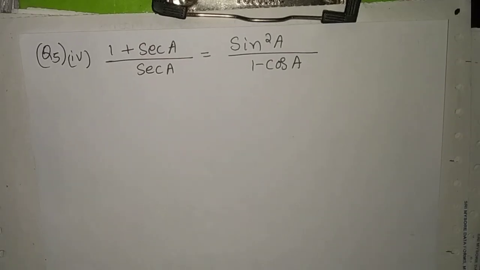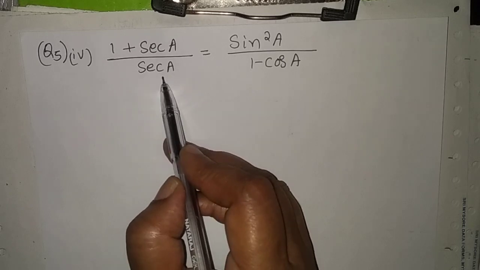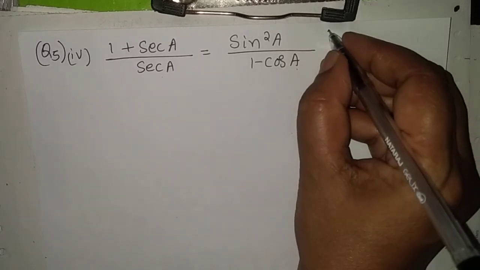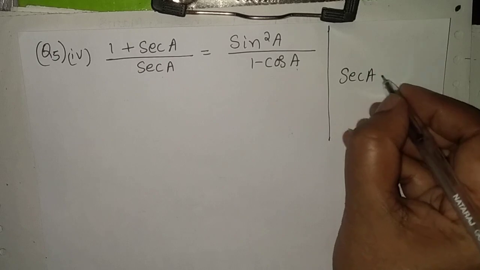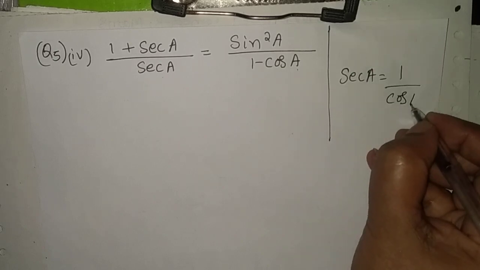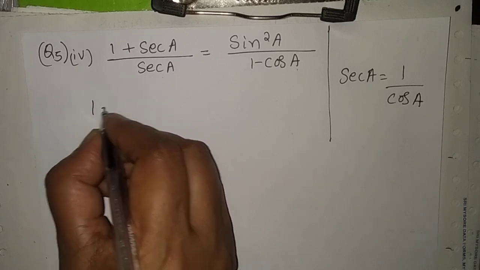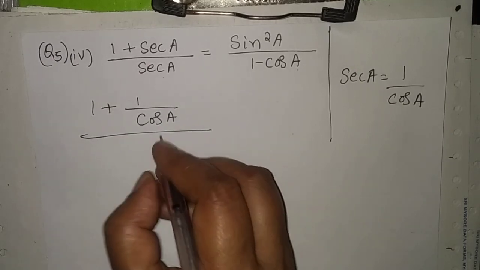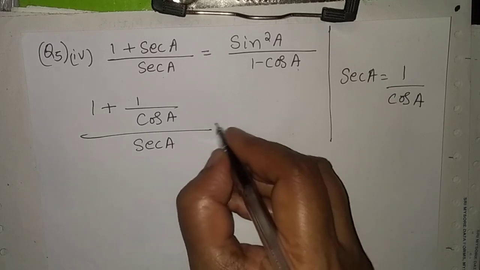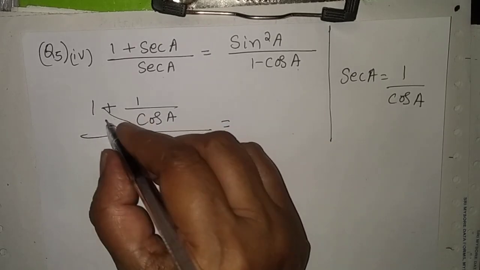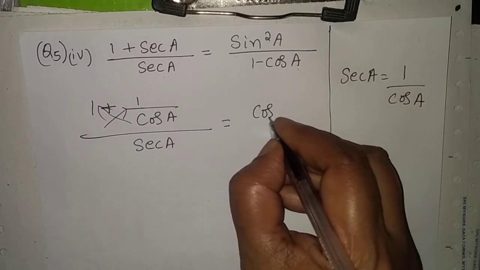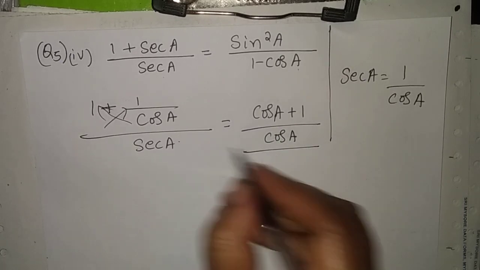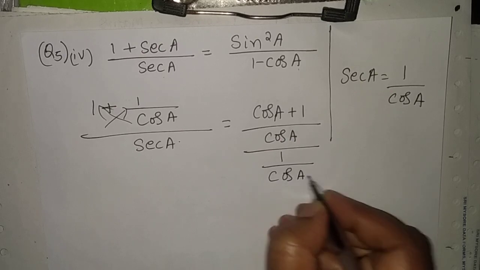So this is 1 plus secant A by secant A is equal to sin square A by 1 minus cos A. So we know secant A is equal to 1 by cos A. Therefore replace it now, 1 plus secant means 1 by cos A by secant A, as it is equal to cross multiply, so cos A plus 1 by cos A. By secant again we can replace it as 1 by cos A.